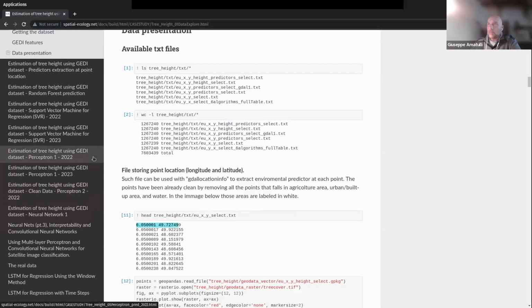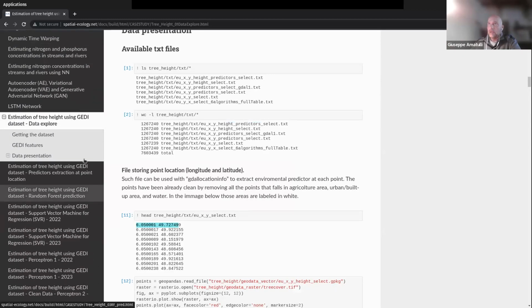And in particular, pay attention that over here, I mentioned also the other day, the estimate of tree height using GEDI, predictor extraction at point location. There are all the methods that me, Francesco, and also Olivia were proposing. Okay, so there are 4 methods of point extraction that can be useful to integrate in your scripting procedure.